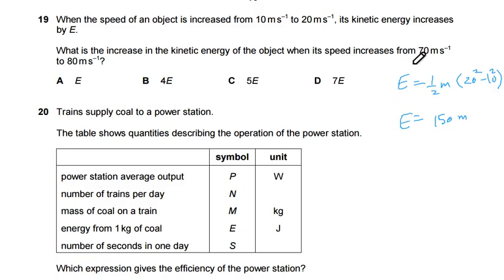For the second change from 70 to 80, the required delta KE equals half m times 80 squared minus 70 squared.